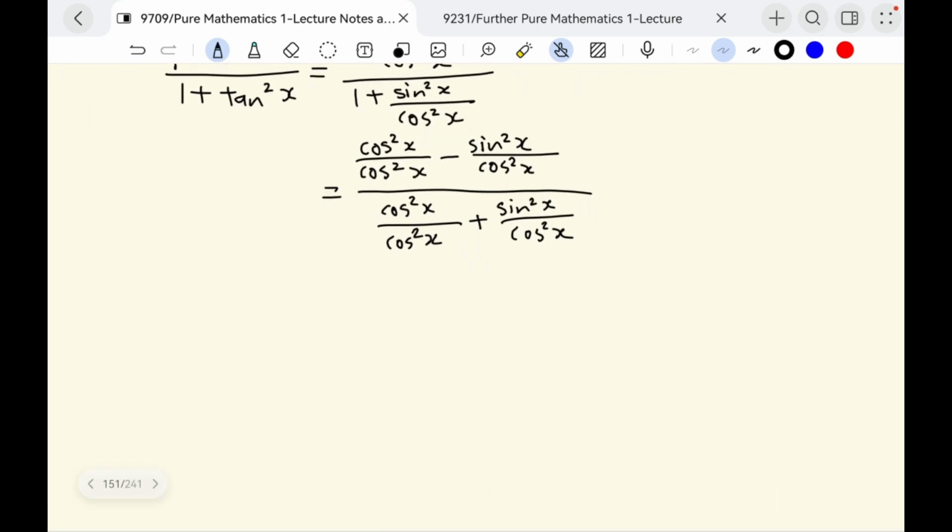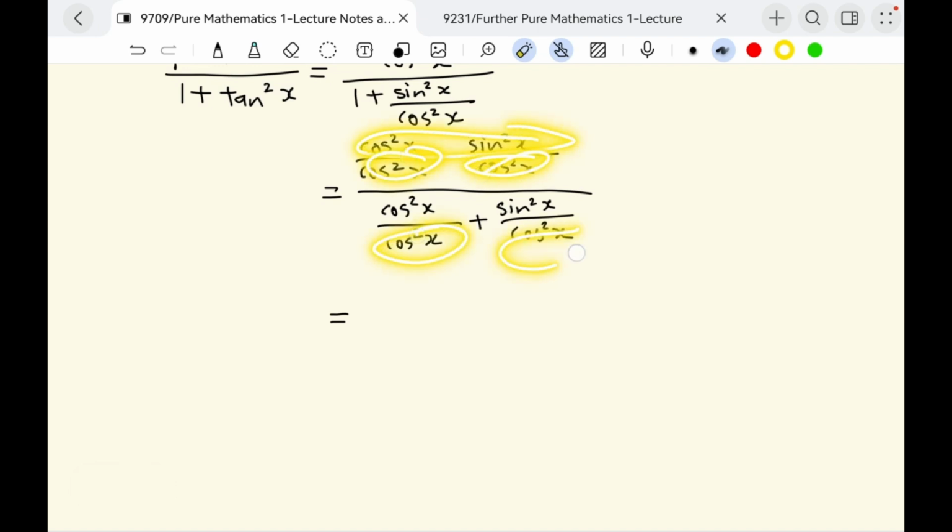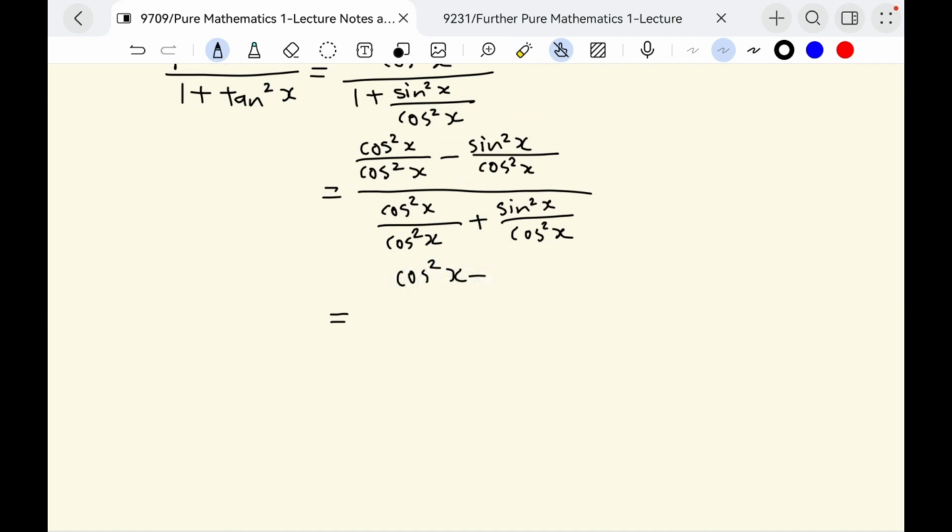And what's next is to combine these two together, since all of them have the same denominator. So you will get cos square x minus sine square x divided by cos square x, divided by cos square x plus sine square x divided by cos square x.